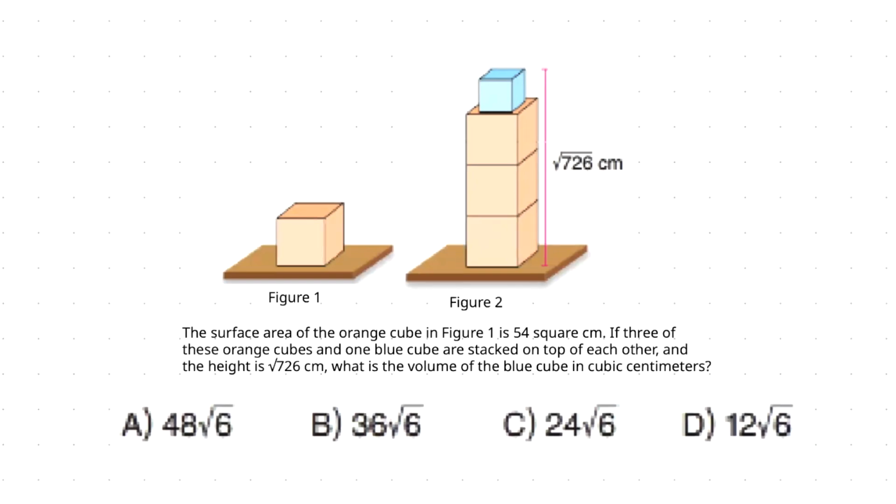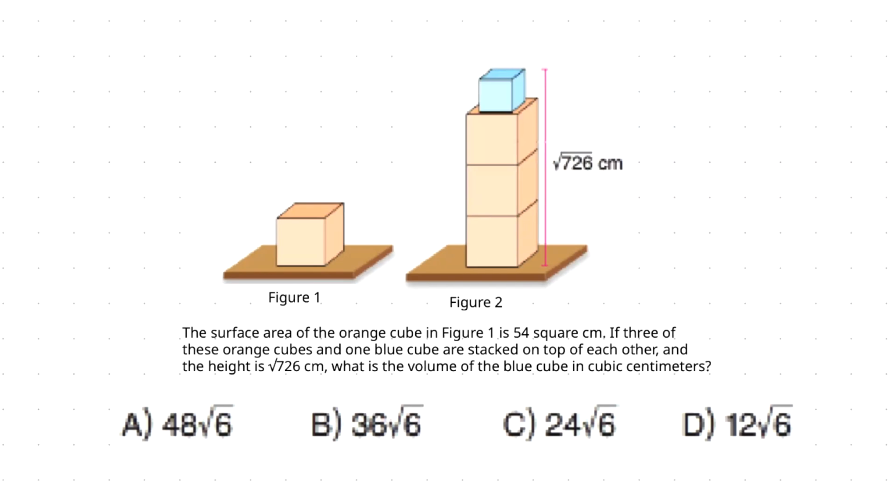So here we have another question. In this case, let's read the question. We have figure 1 and figure 2. The surface area of the orange cube in figure 1 is 54 square centimeters. So the surface area is 54.